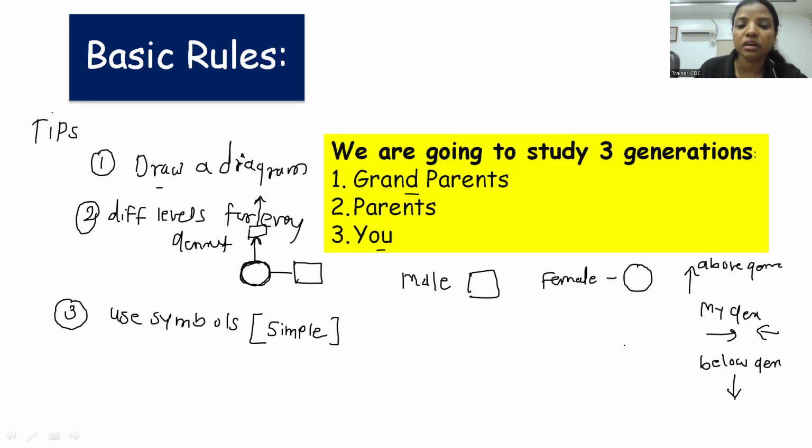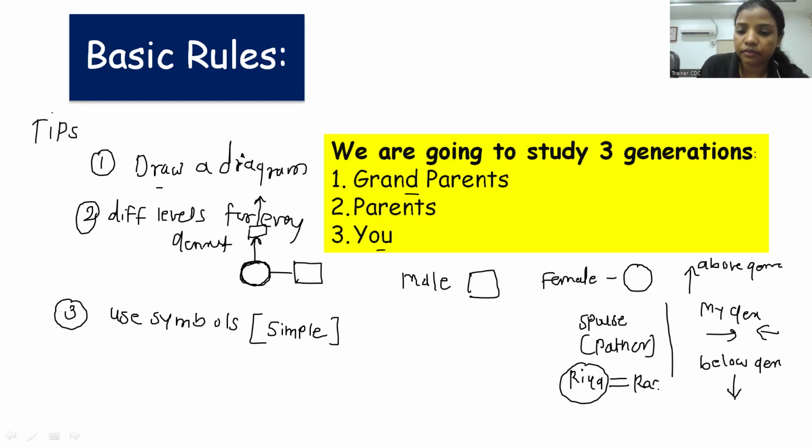Now, suppose you have to indicate your spouse. What is a spouse? Your spouse is nothing but your partner. For indicating a partner, suppose there is a girl, Riya. Riya is a female, and Riya is married to Raghav.